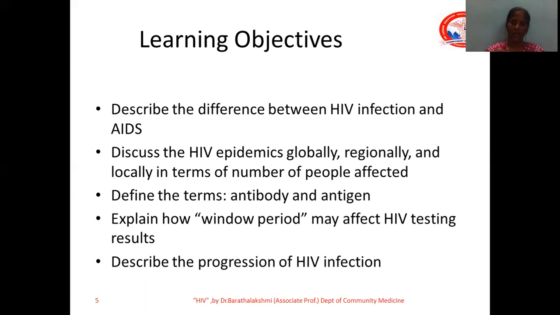Once the viral RNA enters into the CD4 helper cell of the host, what happens? With the help of the reverse transcriptase enzyme, that viral RNA will be converted into viral DNA, and this viral DNA will integrate or join with the host DNA with the help of the enzyme integrase.